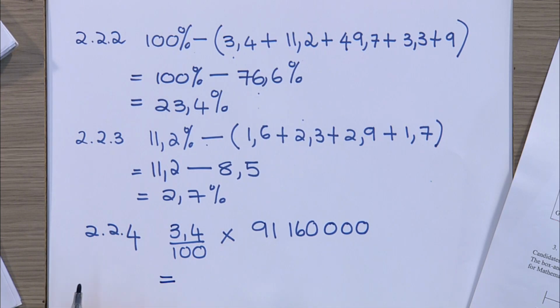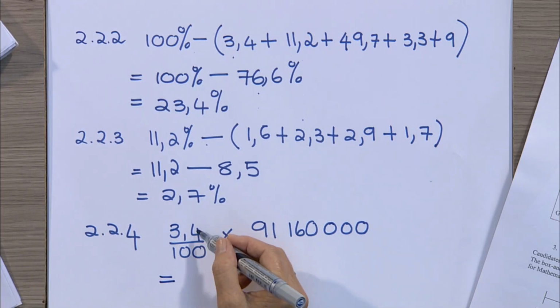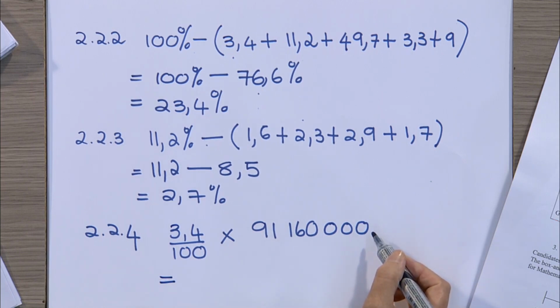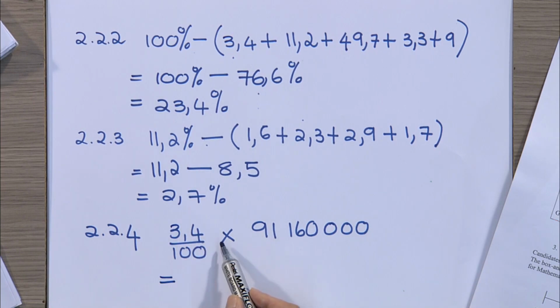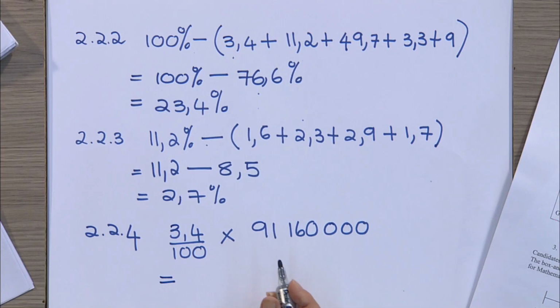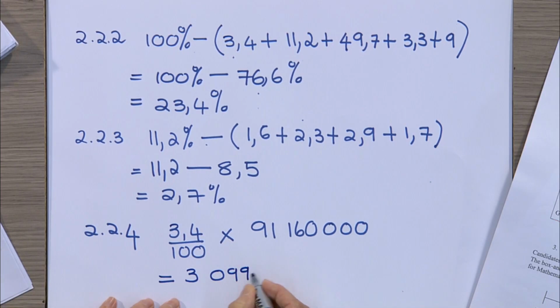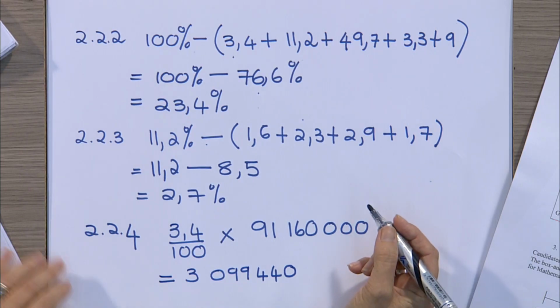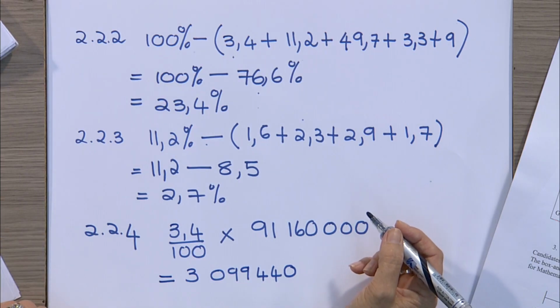So I then take on my calculator 3.4 divide by 100, multiply with that number. Or I can say 3.4 times that, divide by 100. It doesn't matter how you do it, you will arrive at an answer: 3,099,440. This is the amount of tons that was recycled in plastic. All right, so that covers 2.2.4.